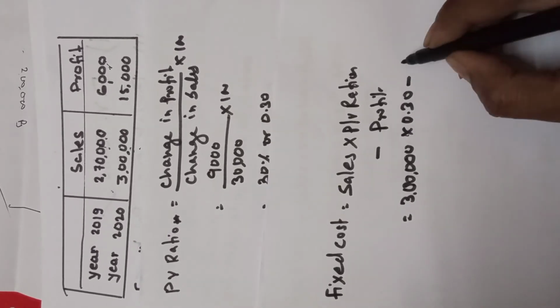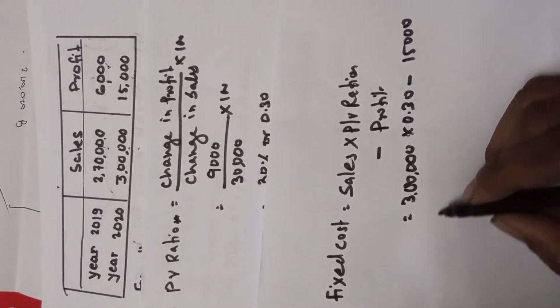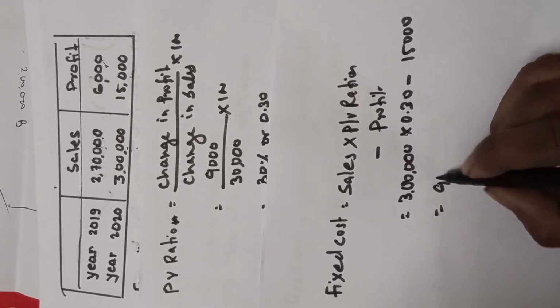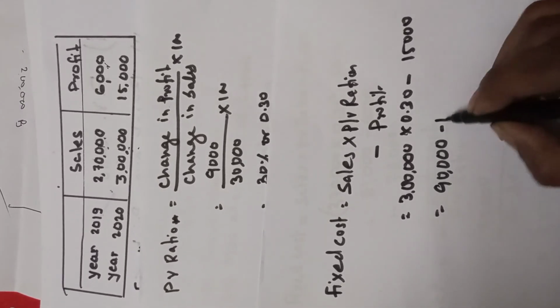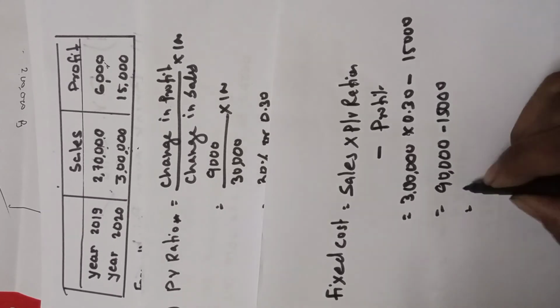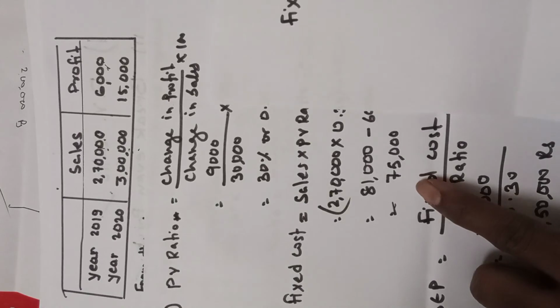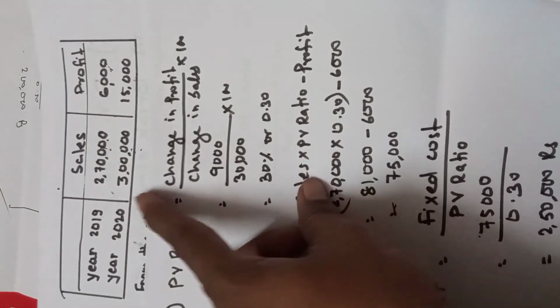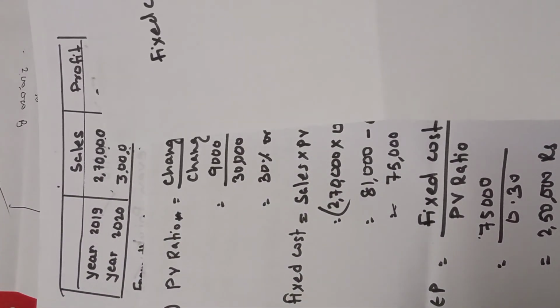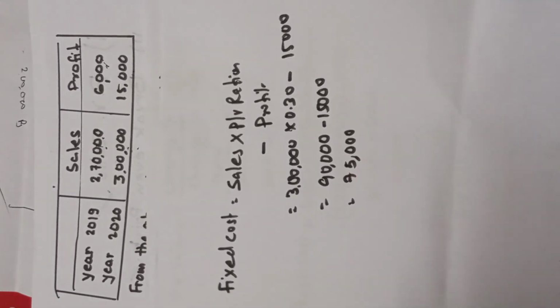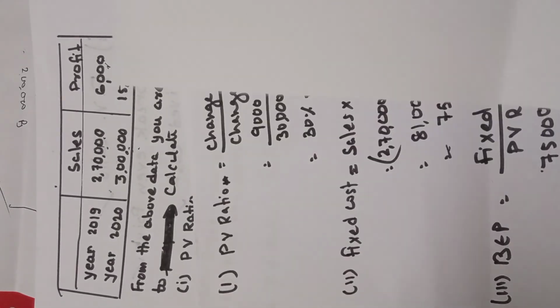The profit is 15,000. 3 lakhs into 0.30 is 90,000 minus 15,000, so you will get 75,000 fixed cost. If we take the sales for 2019 we get 75,000, and if we take the sales for 2020 we also get 75,000. We can take sales from any of the years.